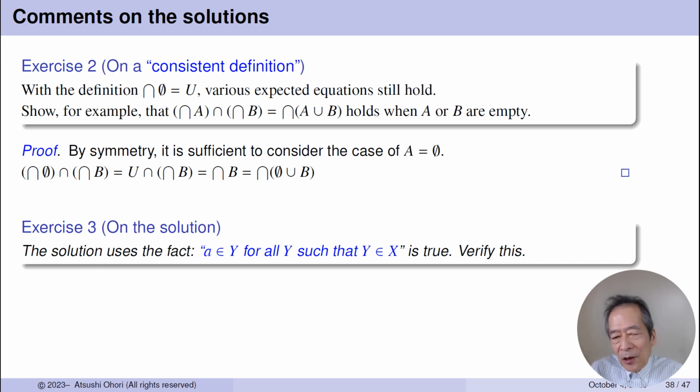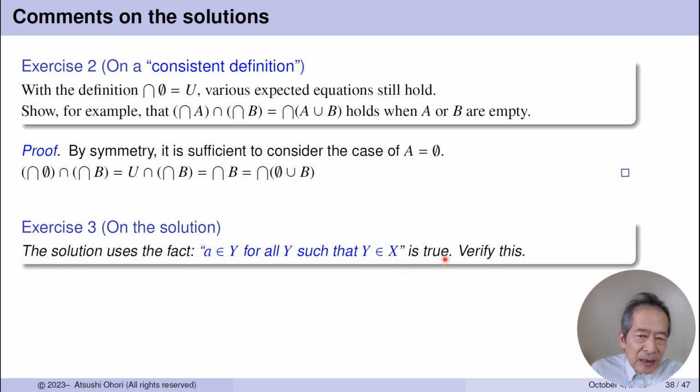The second comment on this possible solution I gave is also formulated in the form of an exercise. I stated that this condition, the original condition on the intersection, the big intersection of a set of sets, since there is no y in x, is true.